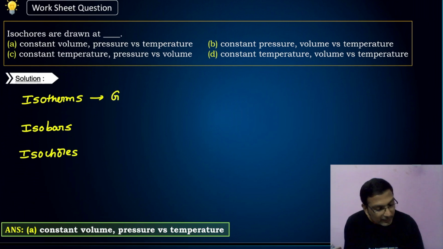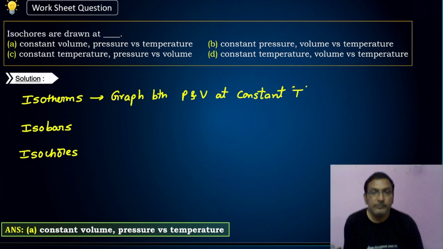Isotherms are graphs between P and V at constant T and N, number of moles also constant.